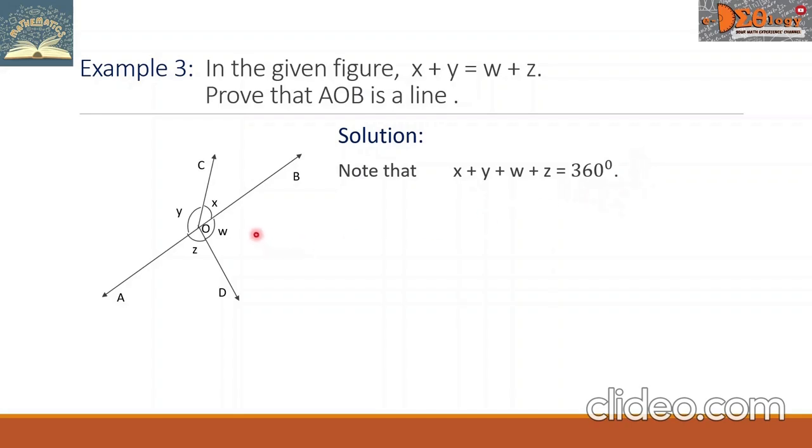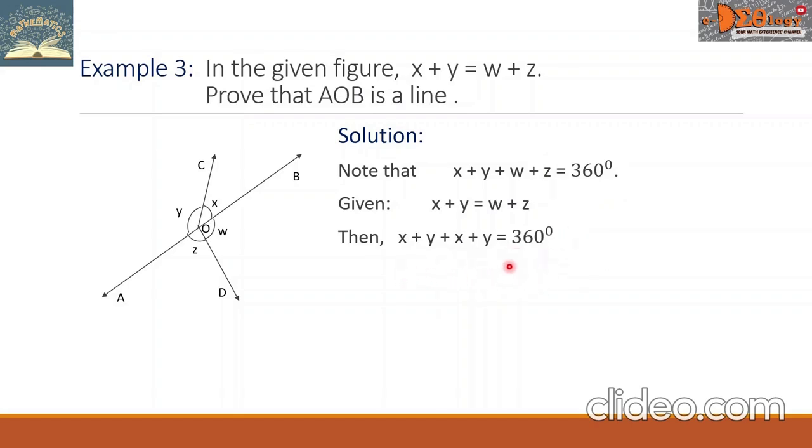We can see that this is a complete angle. In the given, x plus y equals w plus z. This value of w plus z as x plus y, we will substitute in the first equation here. So the first equation becomes x plus y plus x plus y equals 360 degrees.